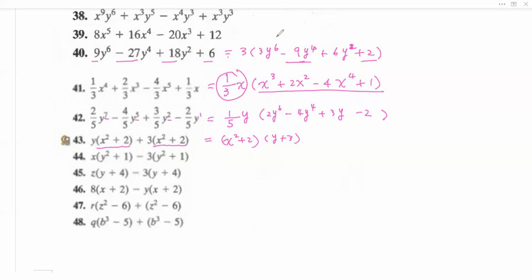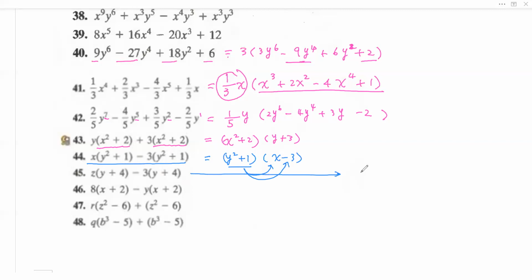Go a little bit more. 44. The result here is y squared plus 1 is their common factor, and the rest is x minus 3. Just like the distributive property's first step, right? You did times the first one and times the second one. So you got there. Right.